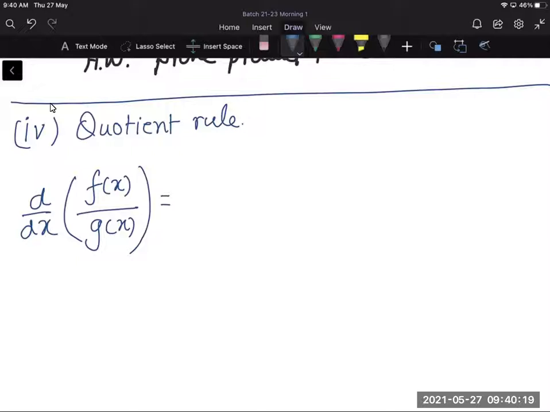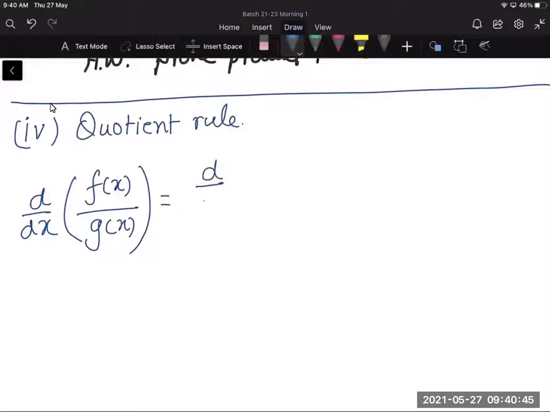Now some people simply consider it, and correctly so, as a special case of the product rule, because ultimately this is f(x) multiplied by g(x) raised to the power minus 1. But we can consider it as a separate rule, and it is very similar to the product rule, so it is not very difficult to remember also.